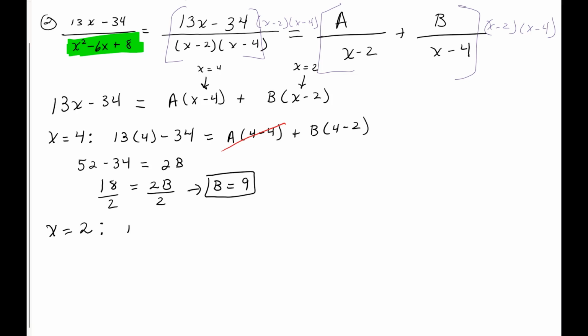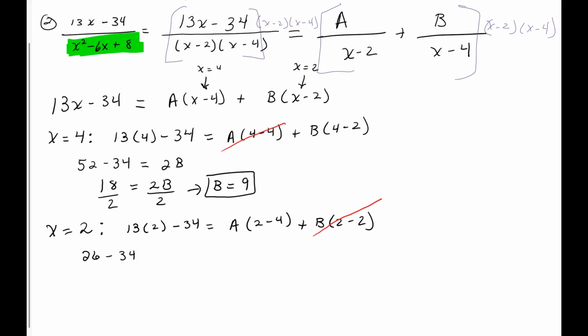We're going to say 13 times 2 minus 34 equals a times 2 minus 4 plus b times 2 minus 2. Of course, we already know what b is, but you don't have to worry about that because guess what? The b part cancels.